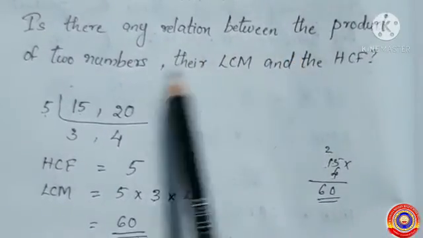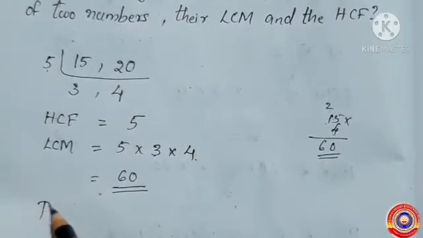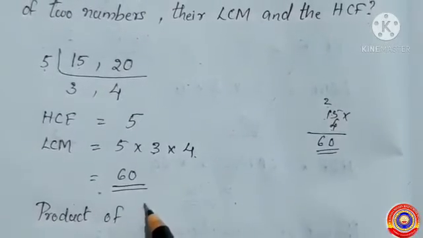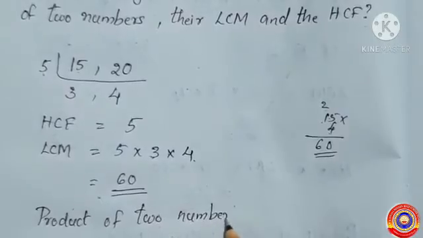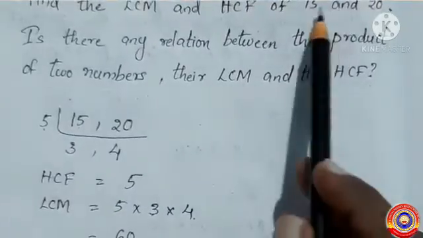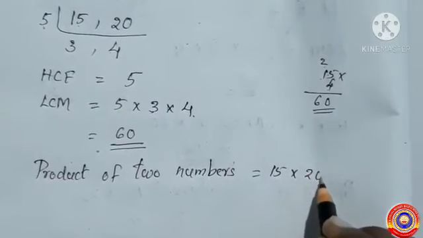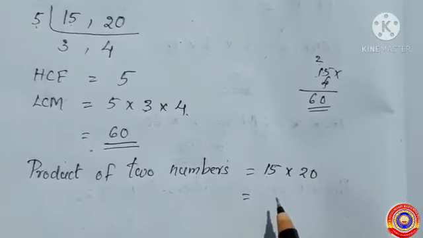Now we have to find out the relation between the product of two numbers and their LCM and HCF. The product of two numbers is equal to the product of 15 and 20. That is 15 into 20.